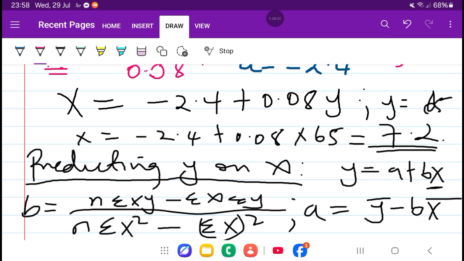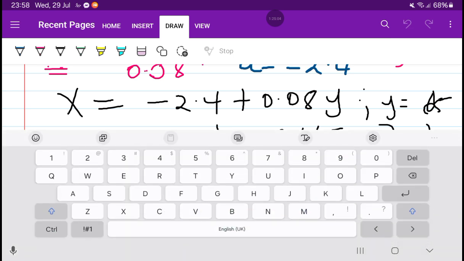And you'll see whether we are going to have a different value or the same value. So what is going to change is only the denominator, but the numerator will remain the same for that b value.